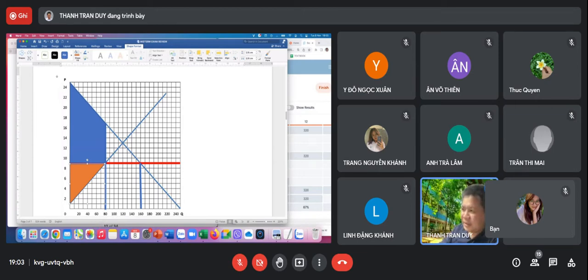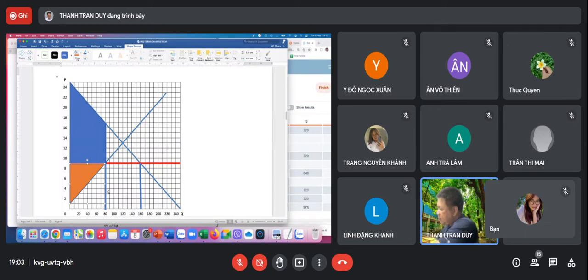So for this one, you have 80 multiplied by 8 divided by 2.